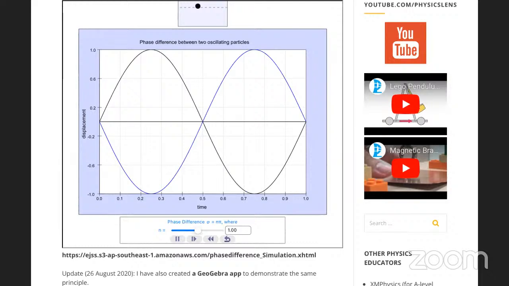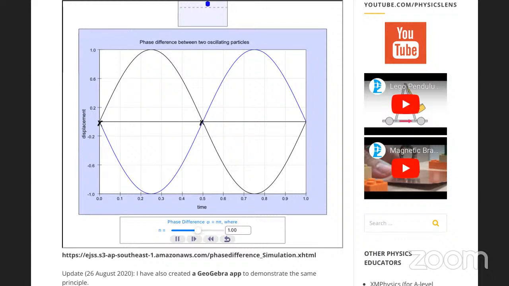So when blue starts and blue reaches here, technically, that's when the black wave now starts. That's a phase difference of 1 pi.